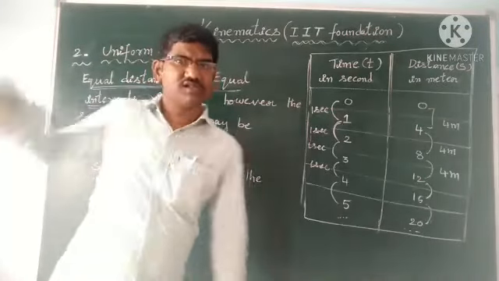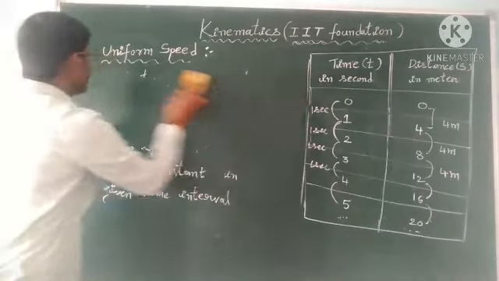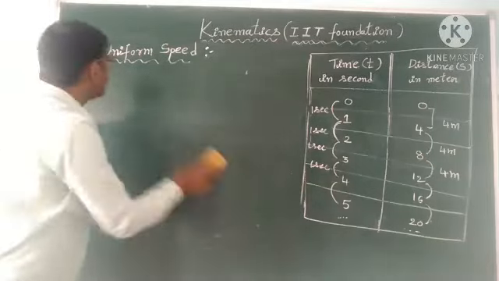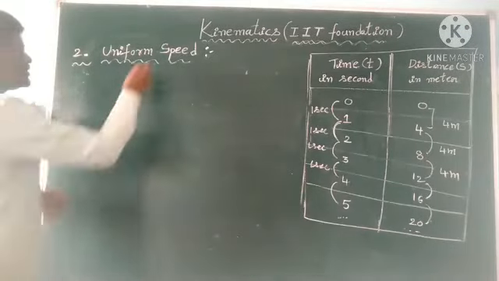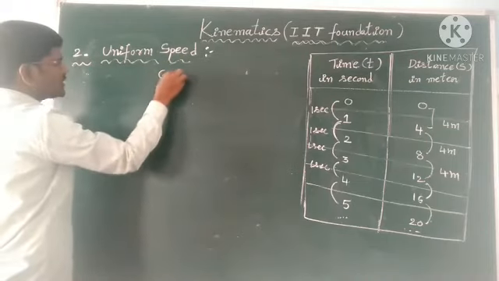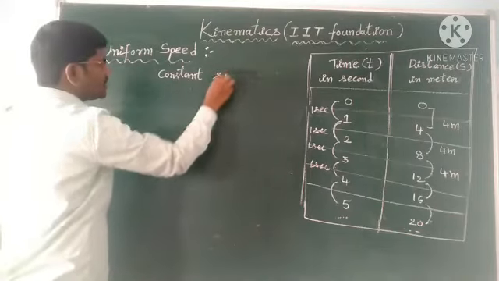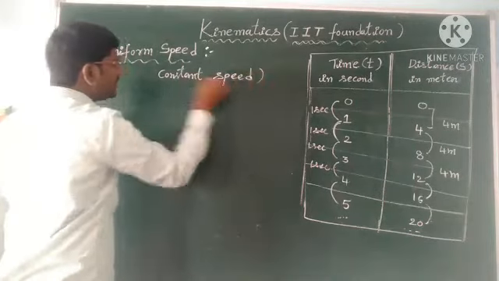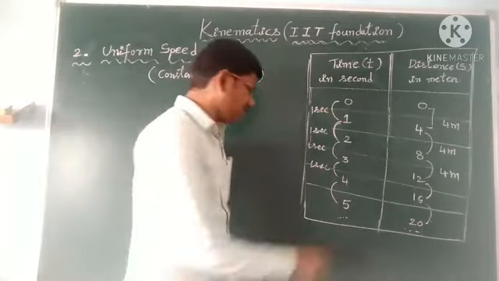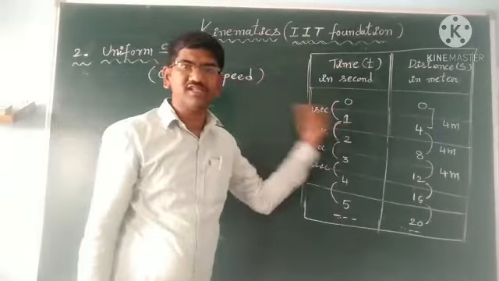See my dear students, what is uniform speed? The definition we have seen, and uniform speed you can also say is constant speed in the given interval of time. So see, for this given table, I want to find the speed.